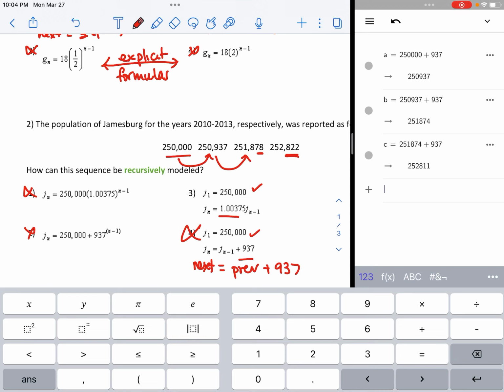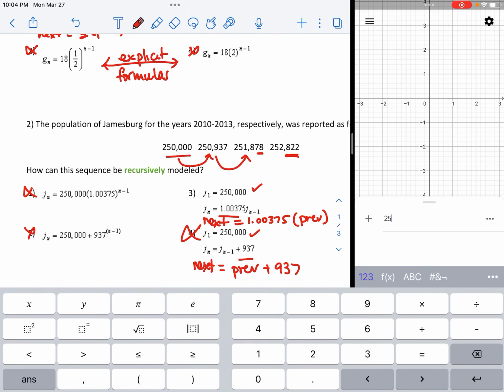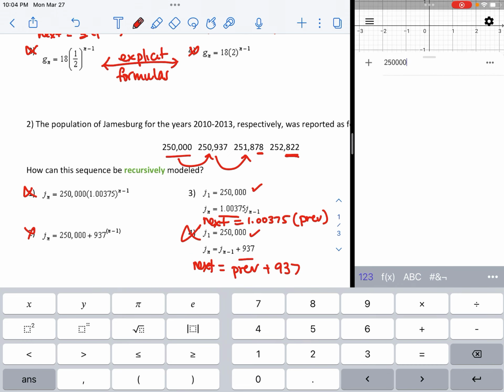Now let's try choice 3, which says that the next is equal to 1.00375 times the previous. So I'll clear it out. Starting with 250,000 times 1.00375. There it goes, it's 0.5 off.